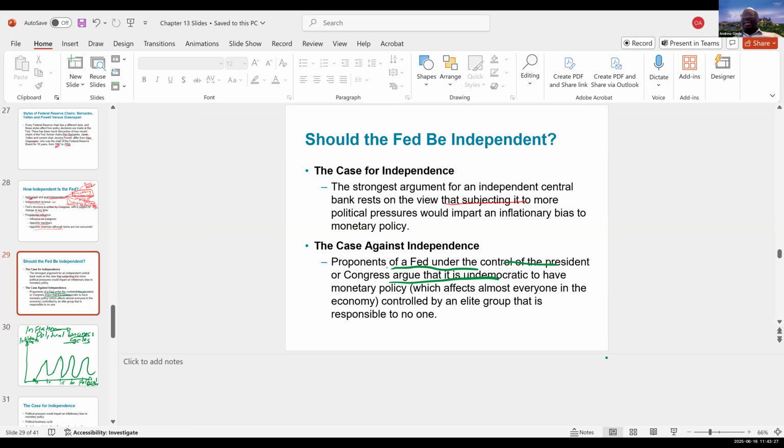They're going to argue that this is contrary to our democratic norms. We cannot allow interest rate to be determined by only 14 elite, highly trained economists and financial professionals who serve as members of the Federal Open Market Committee, because interest rate will affect the lives of all 340 million Americans.